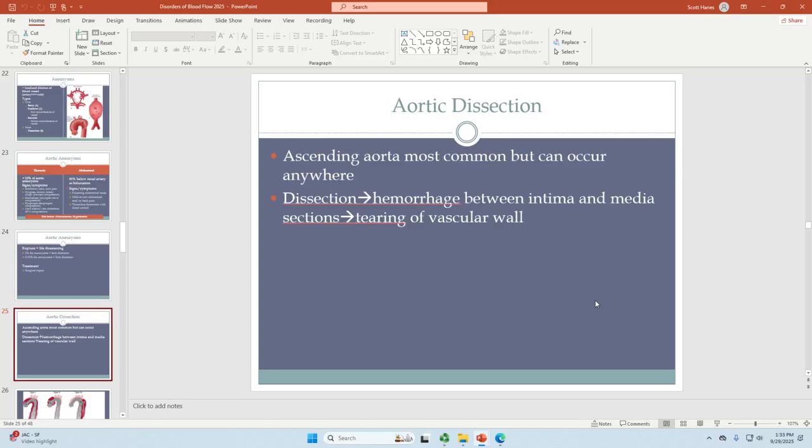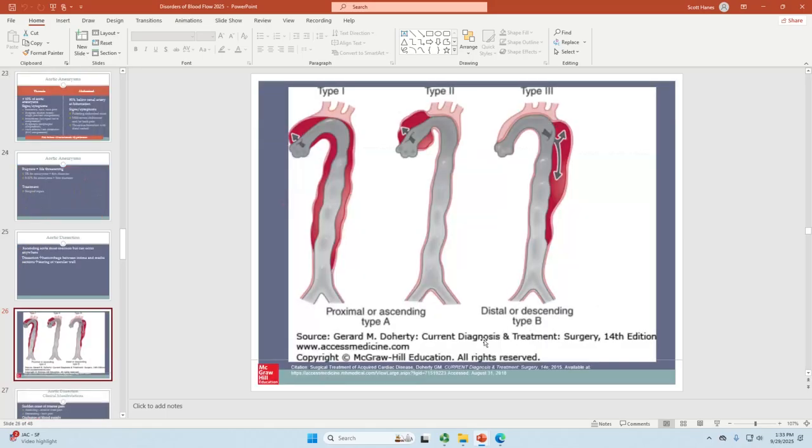The aortic dissections, as I mentioned, are false aneurysms, and we'll show you a picture of what this means. Basically, instead of blood flow being confined to this gray area, which is the aorta, a hole develops because of weakening of the aortic wall.